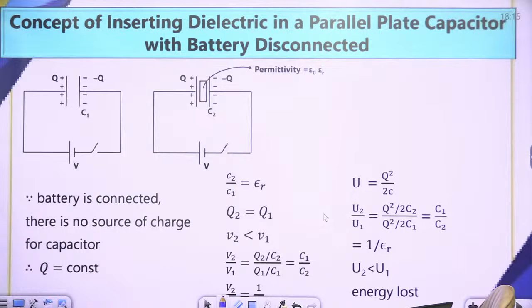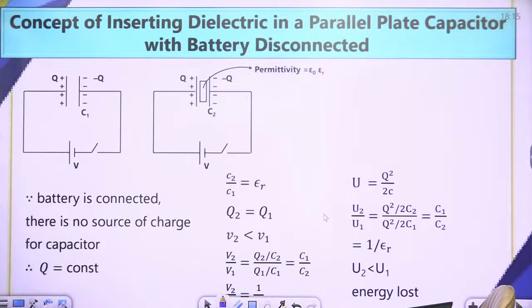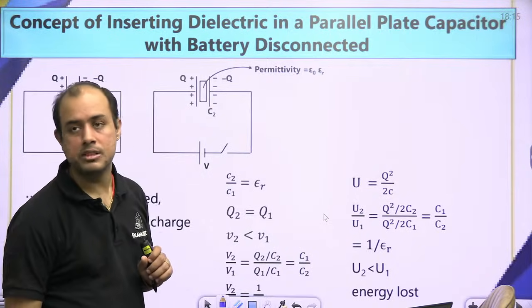So potential difference will decrease by a factor of epsilon r. What will I say this time? Charge is the same, your potential difference will decrease because your capacitance is increasing. So potential difference is going to decrease because the capacitance is increasing. So V2 by V1 will be 1 by epsilon r.